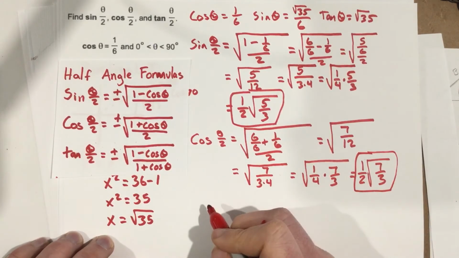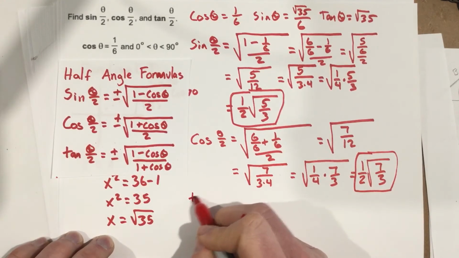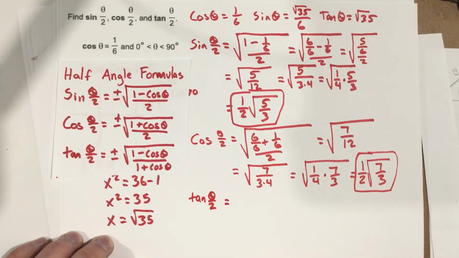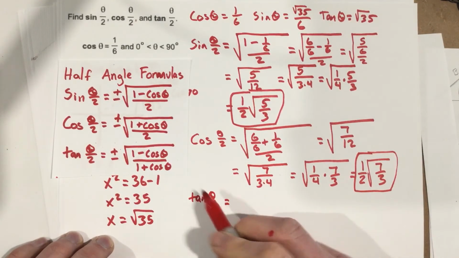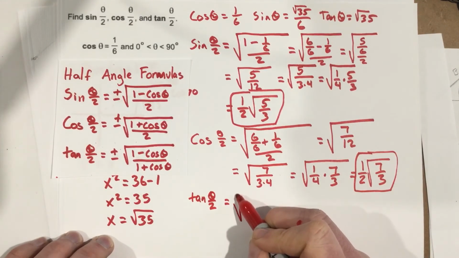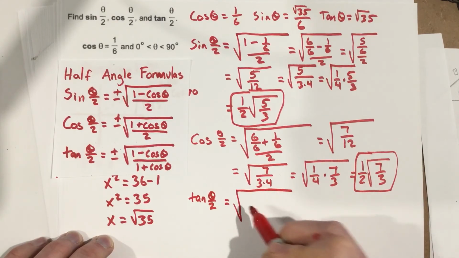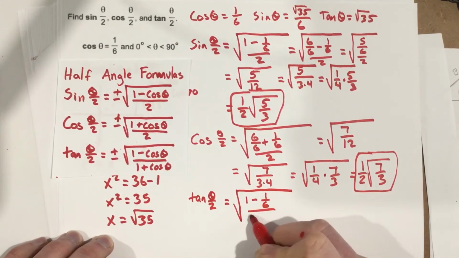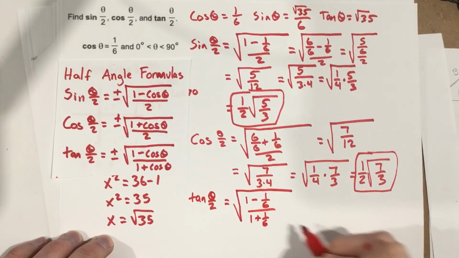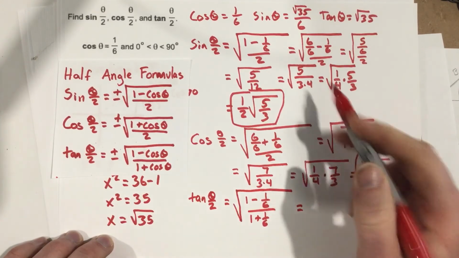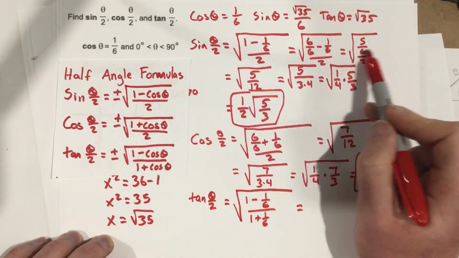And now we want to find tangent theta over 2. And this time tangent's also positive. If cosine and sine are both positive, this is positive as well. So we get radical 1 minus 1/6 over 1 plus 1/6. Now, long story short here, we already know 1 minus 1/6 gave you 5/6.